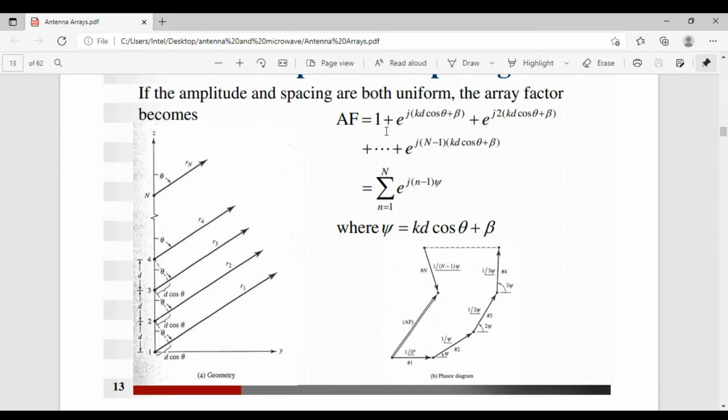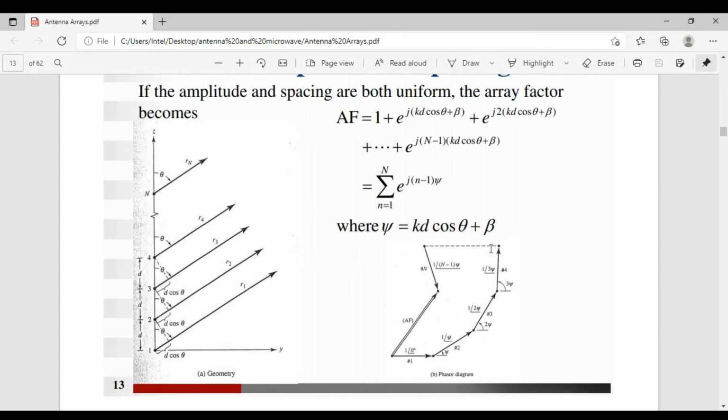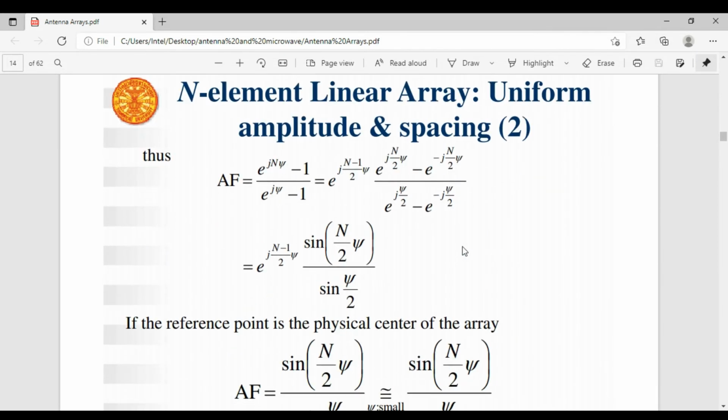So 1 plus e power j (kd cos theta plus beta), e power j 2 (kd cos theta plus beta), up to n minus 1. The psi value is kd cos theta plus beta. So here this is the array factor, e power j n psi.